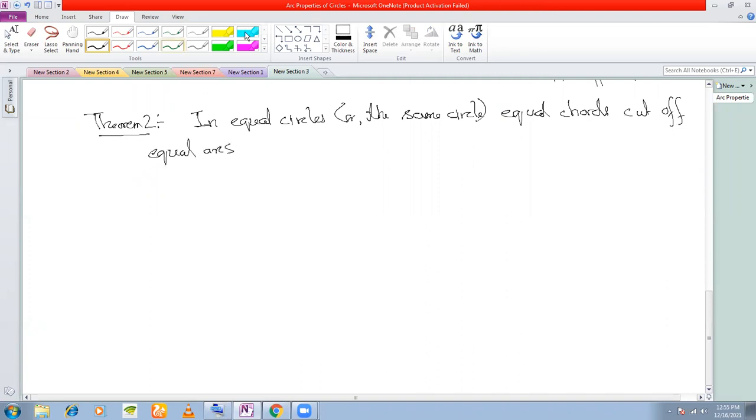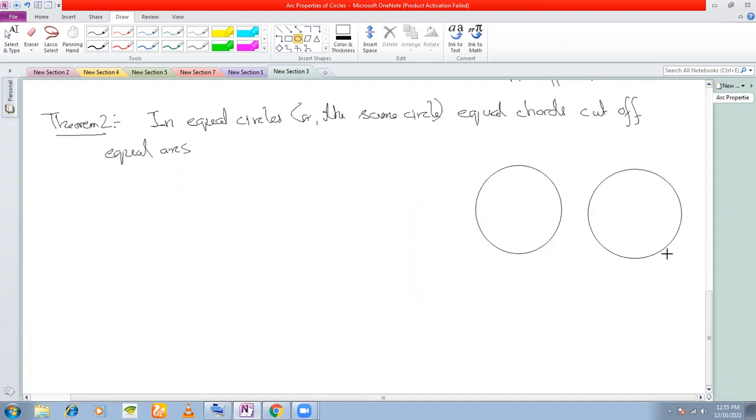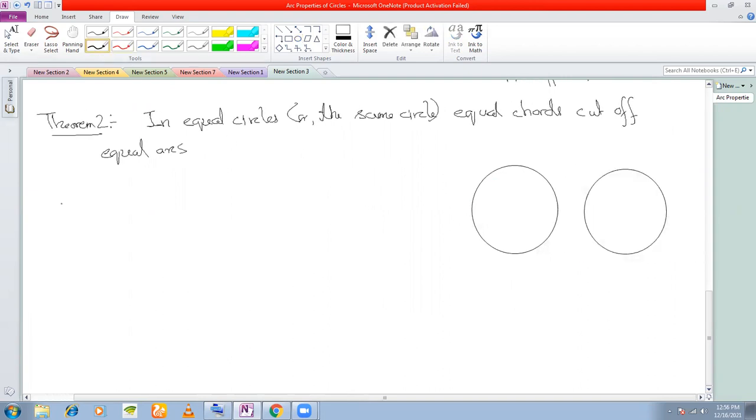Now, what does this mean? Let's take the case of two equal circles, with center P1 and center P2. And I give you a chord here, chord AB, and a chord here, CD.